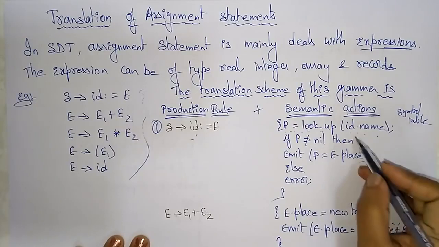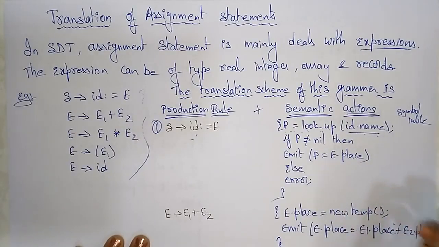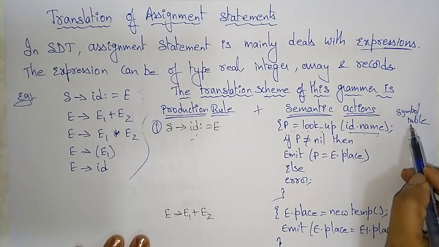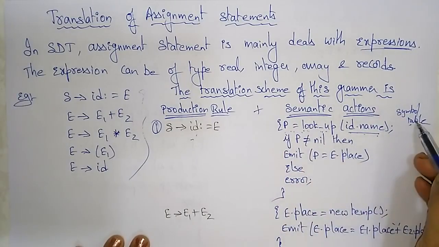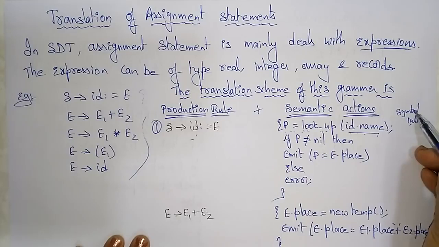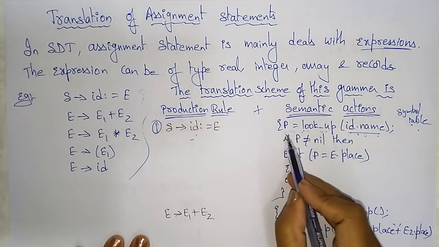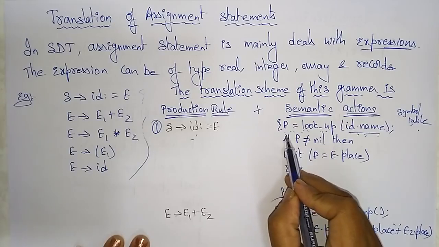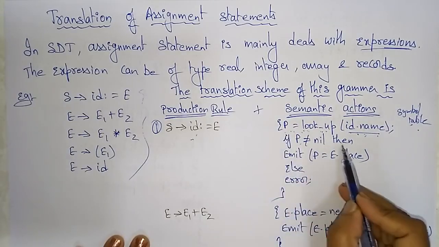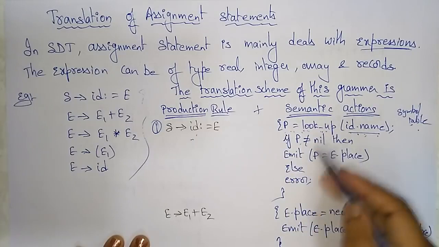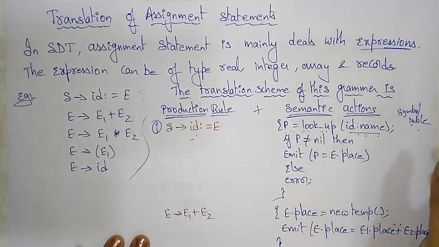So don't be confused. Id dot name is present in some way, so a value will be there in the symbol table. Lookup means you have to go to the symbol table, where the value is assigned to id dot name, and that value will be assigned to P. Suppose P is not null, which means id dot name is present in the lookup table.